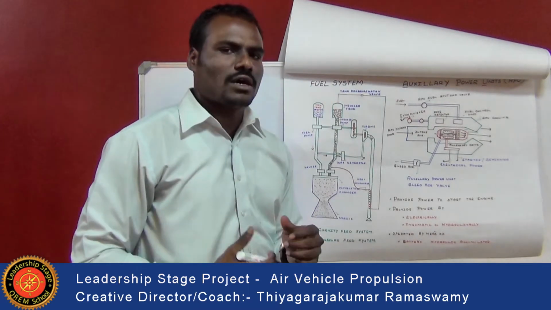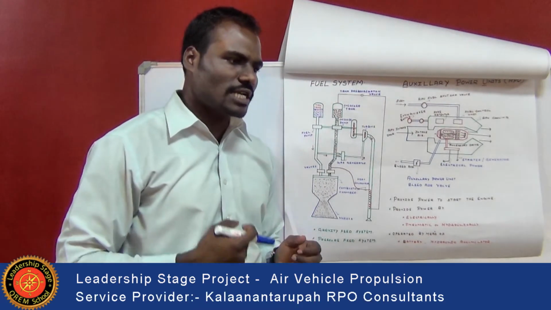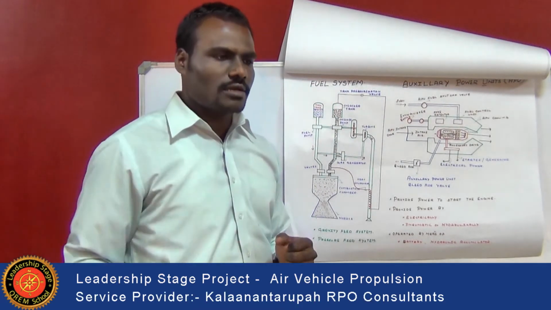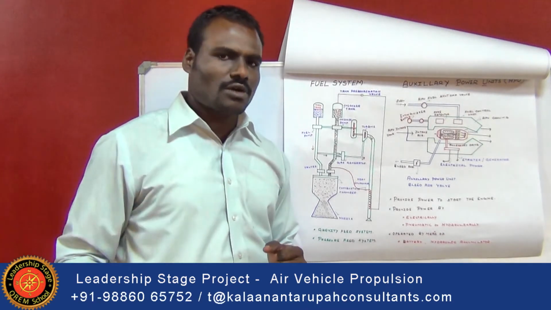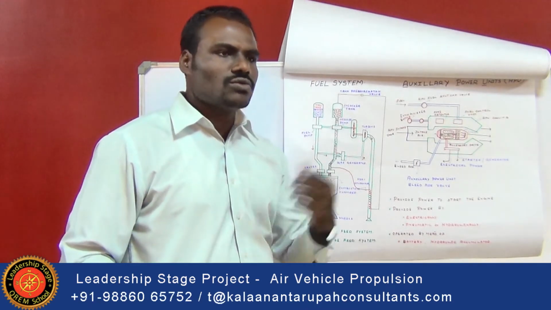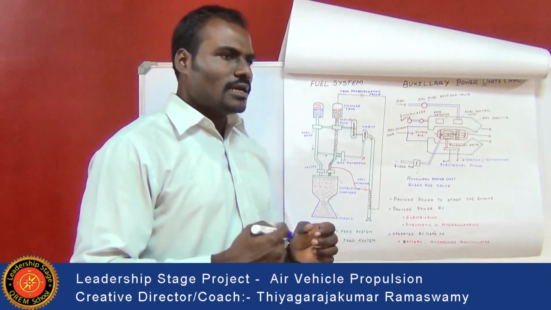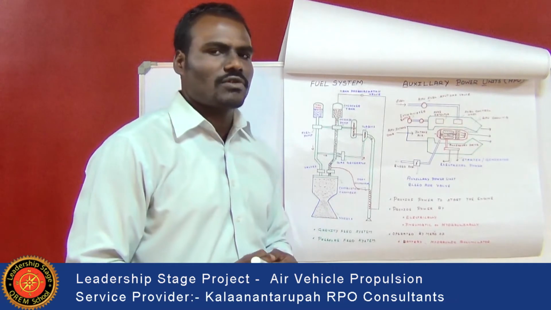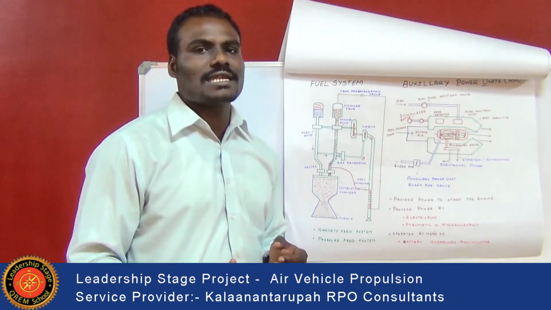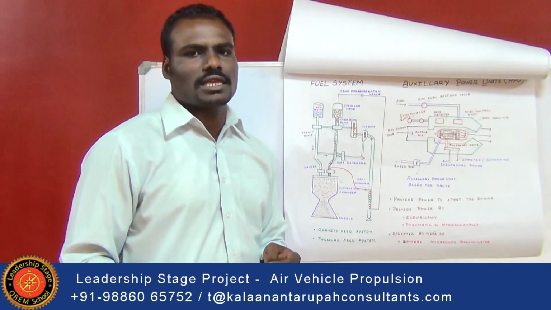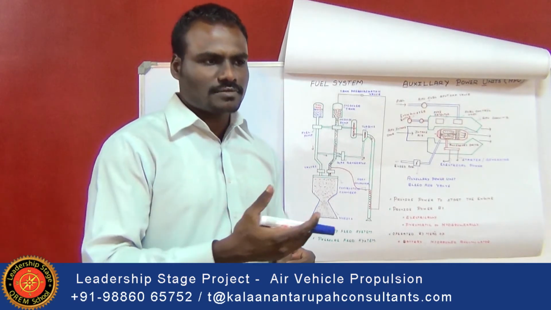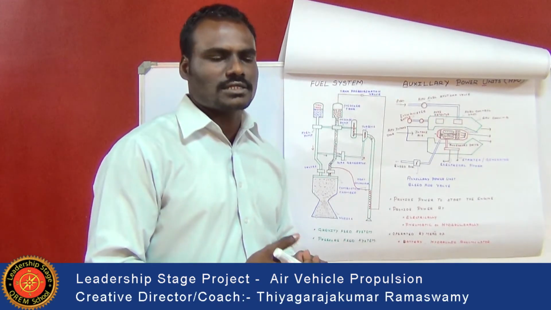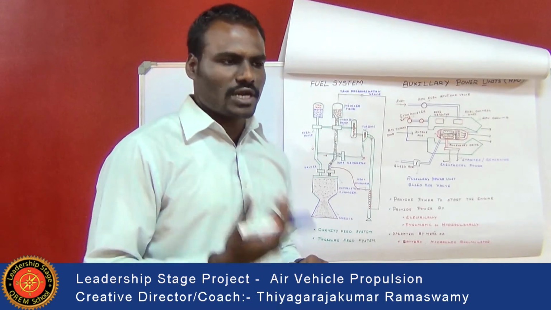Here the auxiliary power unit helps us in transmitting the power from the end portion of the aircraft to the engine part, so that it transmits the power from one portion to another. The auxiliary power unit supplies electrical power to start the engine. After starting only will we get the thrust of an aircraft engine.